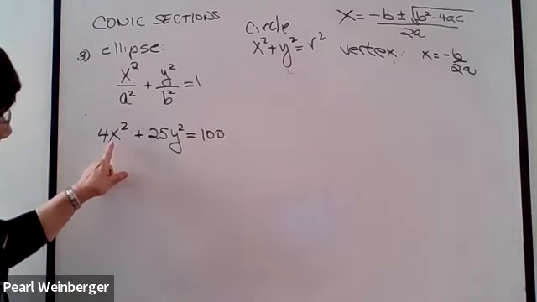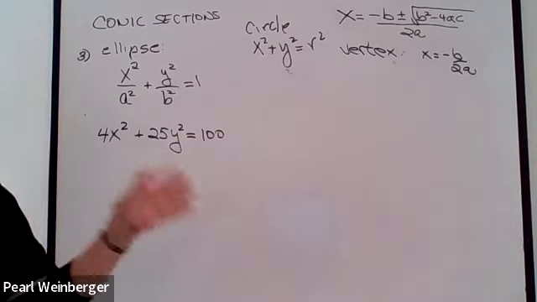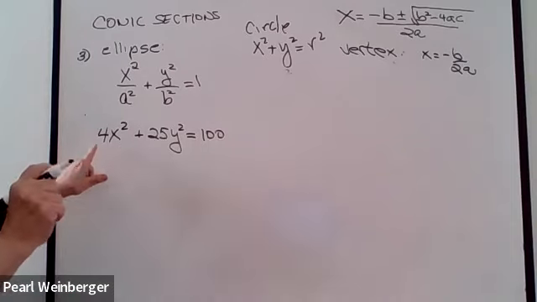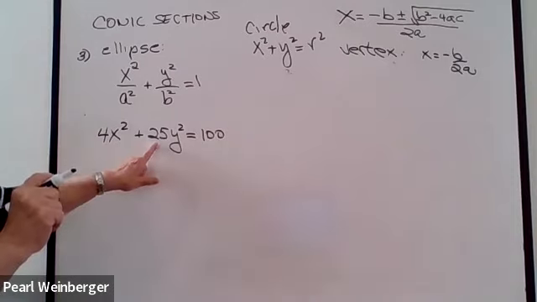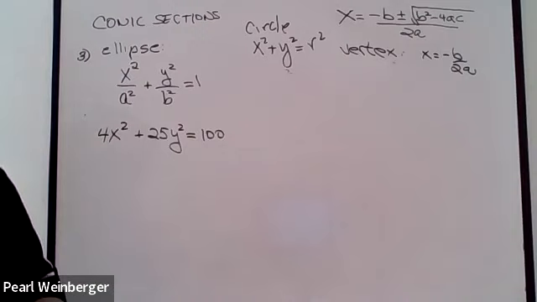How do I recognize it? It has an x squared and a y squared in its equation. It's not just x squared or y squared, it has both of them. But it's not a circle because the numbers in front of the x squared and the y squared are not the same number.